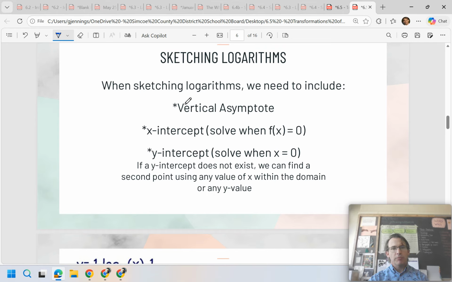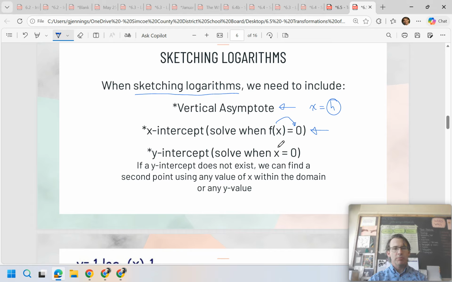Okay, so when you're sketching the logarithms, when you're creating your graphs, show me the vertical asymptote, the x equals line. The x equals some type of constant, say h or whatever. That's going to be a number. There's always an x-intercept, so show me that. You just solve that by setting f of x equal to 0 and solving for x.